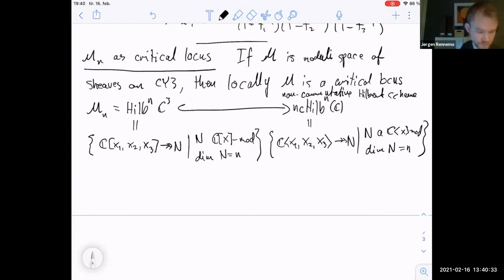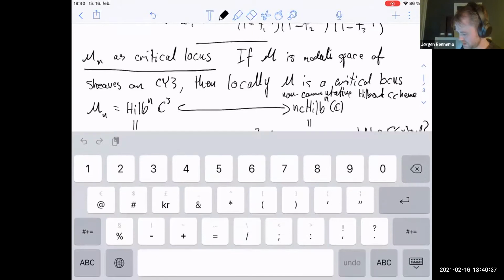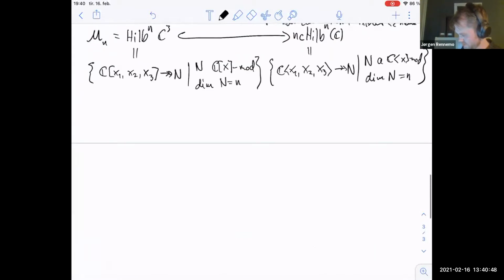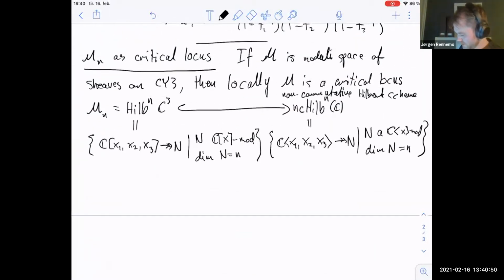Okay, so this NC Hilb. The Hilbert scheme of n points on C3 is a famously horrible object from a geometric perspective.